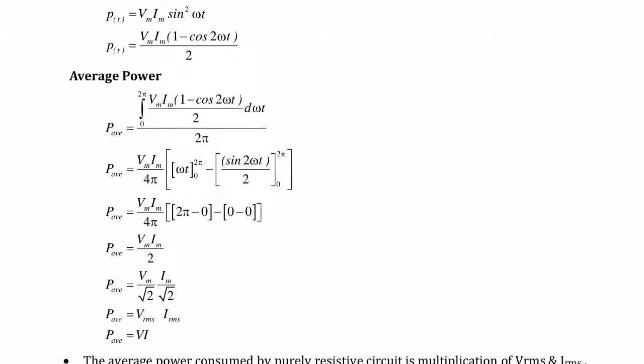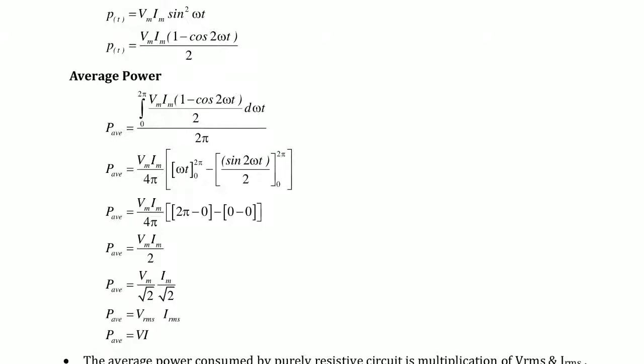So P average is the integration from 0 to 2 pi of the instantaneous power with respect to omega t, divided by 2 pi. That is Vm Im (1 minus cos 2 omega t) by 2, d omega t.